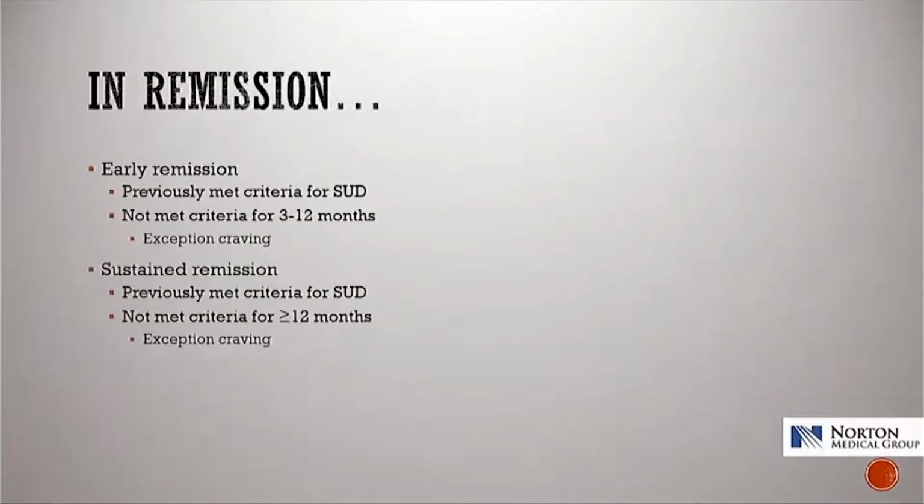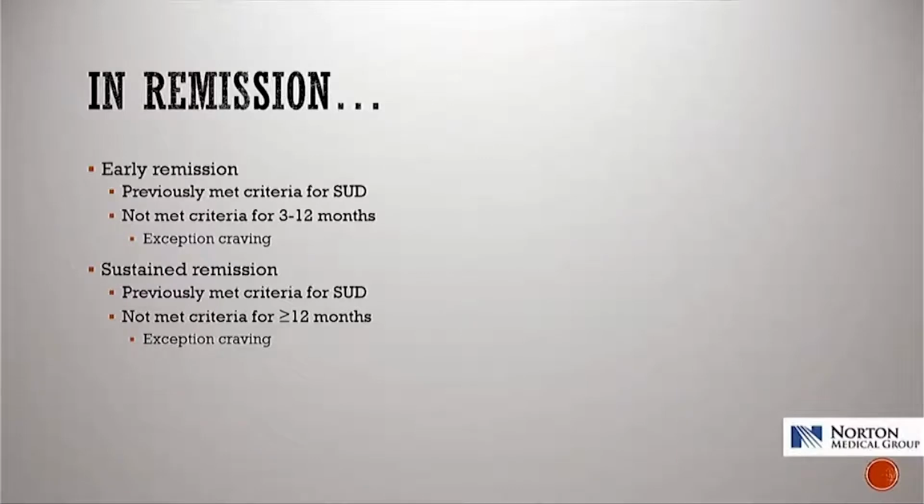There are just some modifiers that I want to touch on because this confuses lots of people. One is remission, and how do you assess if somebody's in remission or not? Well, they've previously met the criteria for substance use disorder, again at least 2 of the DSM-5 criteria, and then they have not met them for the last 3 to 12 months.